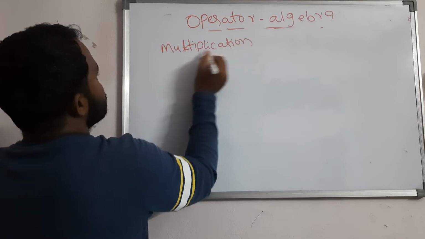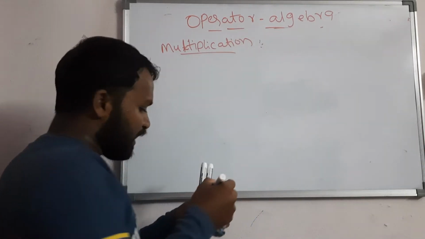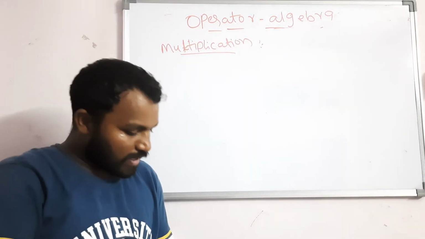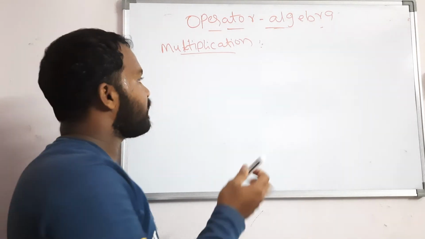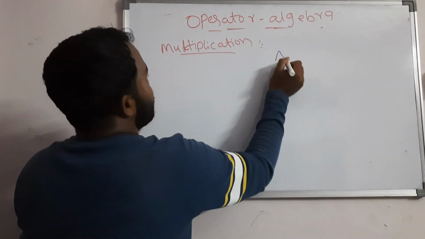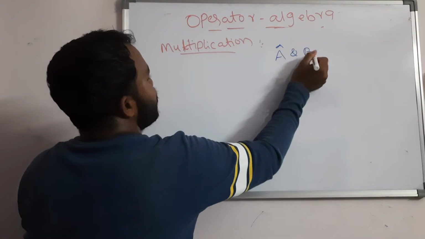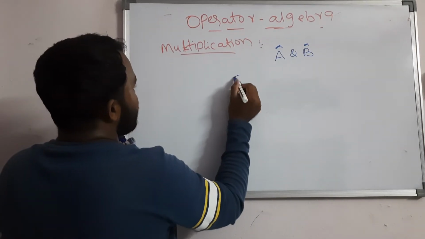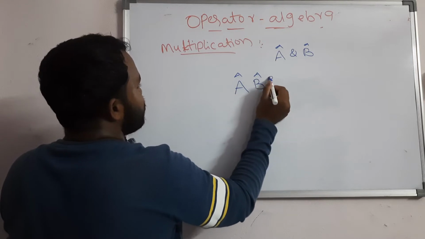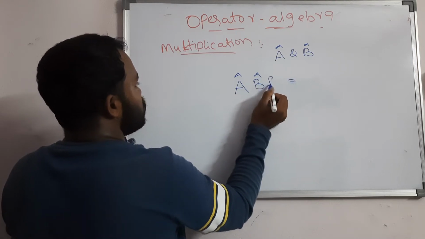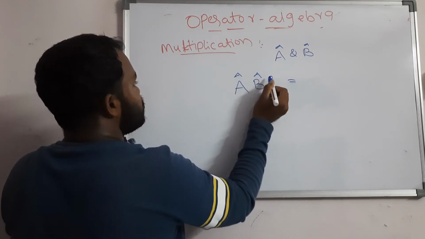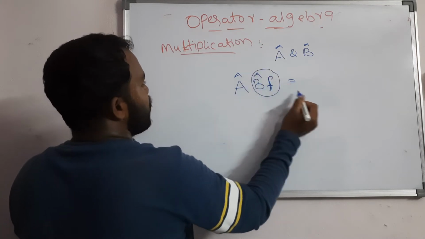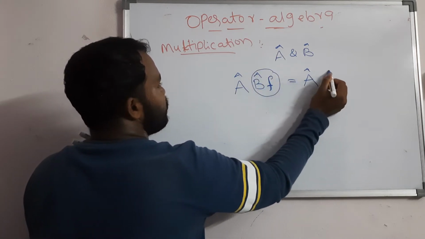If A cap and B cap are two operators, I will tell you how to write the consecutive operation. For example, A cap into B cap into f, where f is the function. First you should operate the operator on this f. What will you get? Let's say it is f dash.